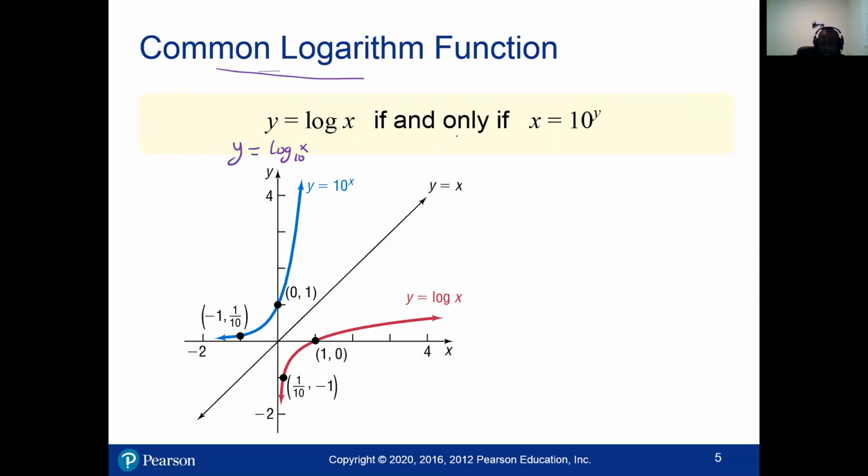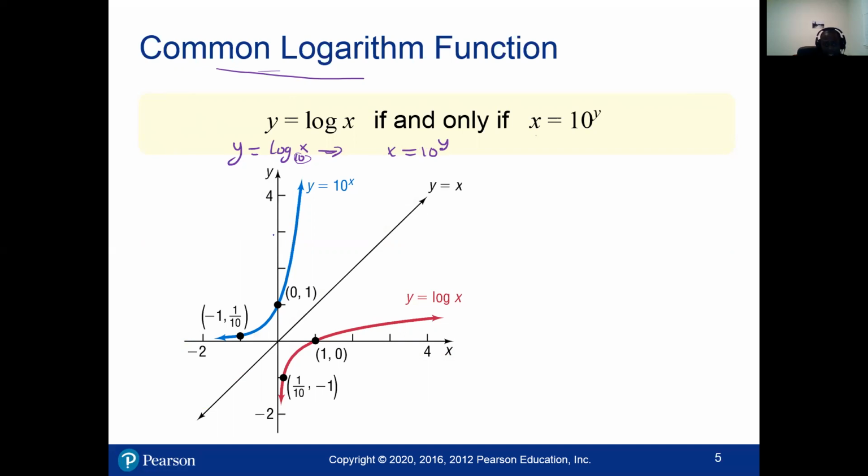And this is true if and only if x is equal to 10 raised to y. So the question is, what must you raise the 10 to, to get x? And that is y.